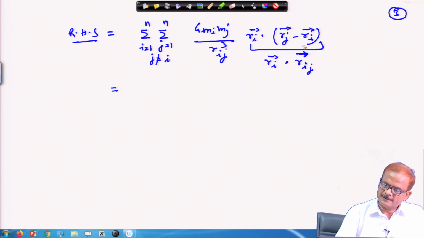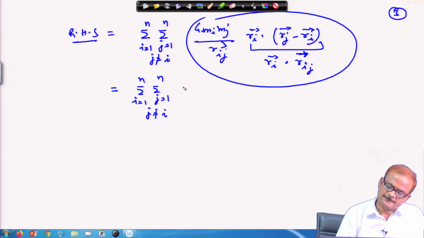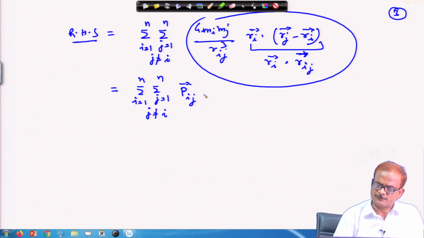The way this whole term appears here, we write it as another function, with j not equal to I, and let us represent it by some function p I j, where p I j is this quantity.